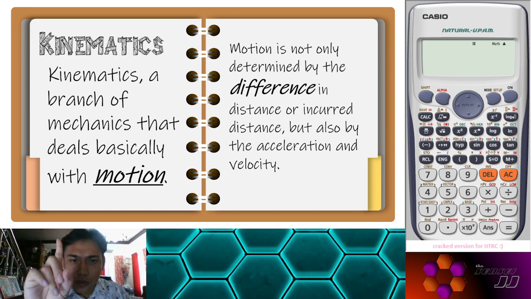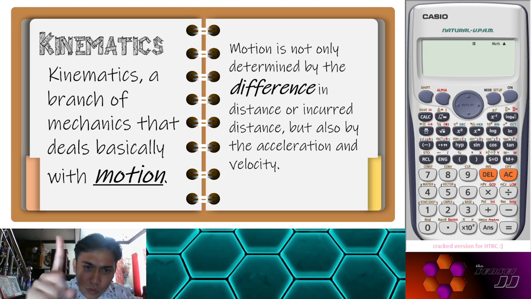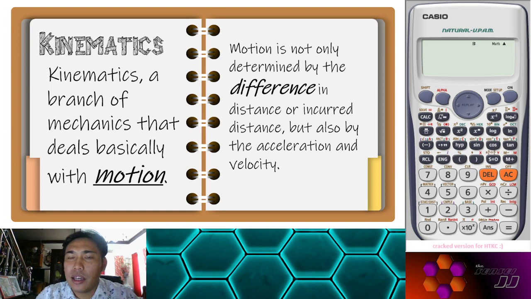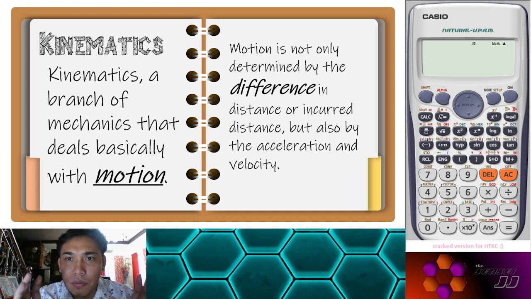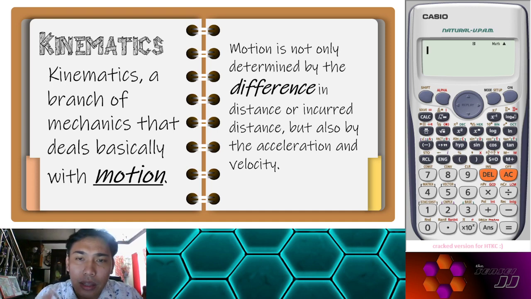For example, if this finger moves like this, it incurred some distance. That distance is not that big or very obvious, but the finger still incurred some distance, and that is also a change in position.